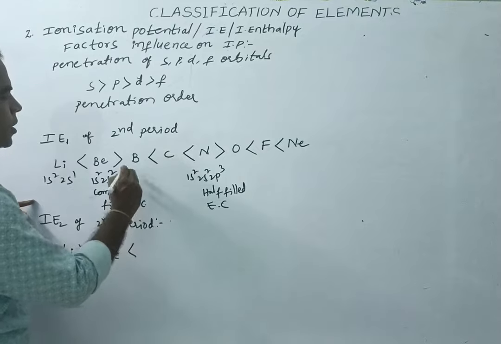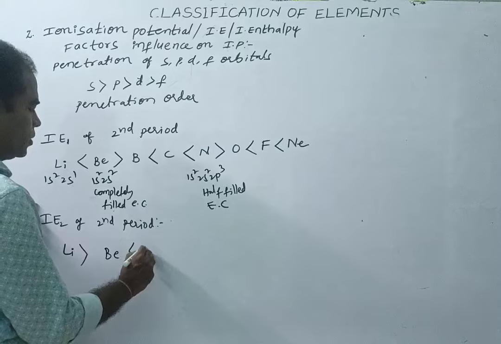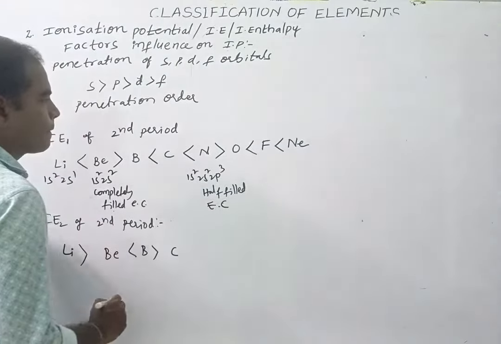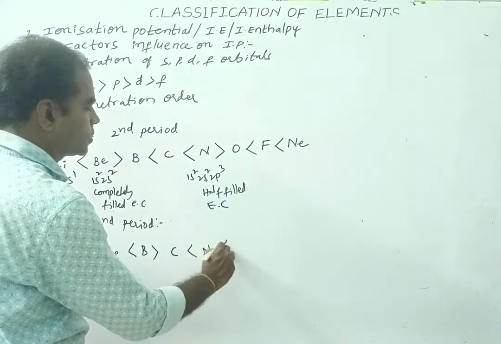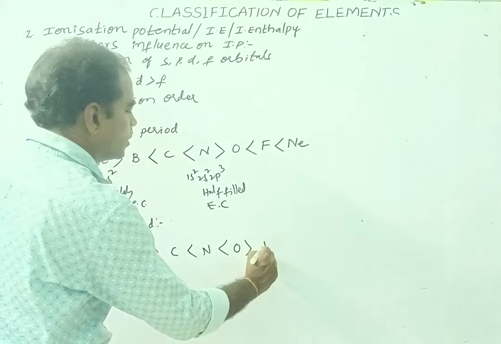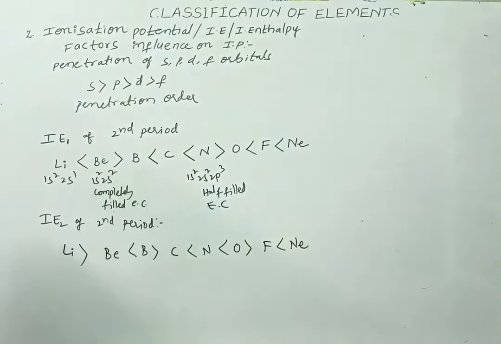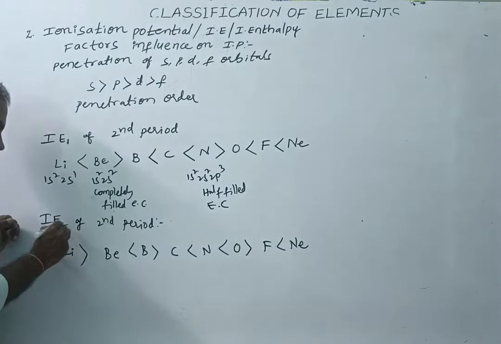Here boron 1s2 2s2 2p1. And boron has more ionization potential than carbon, nitrogen. Here oxygen has more ionization potential, then fluorine and neon. Is it clear? Second ionization energy, IE2.